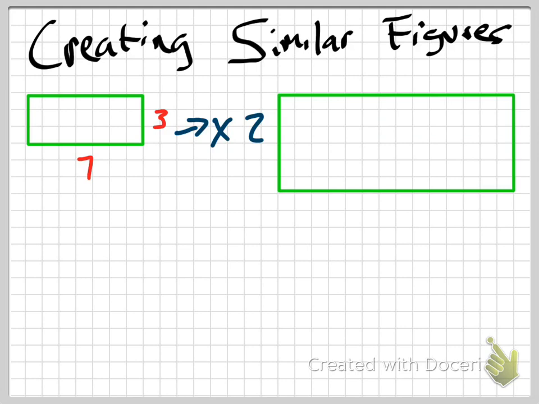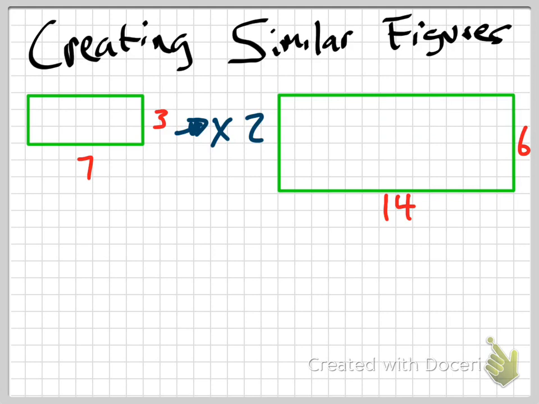So here I've done that. I've multiplied by 2, and that means that I need to multiply all of my sides by 2. So I can take a look there. My side that was 3 should now be 6, and my side that was 7 should now be 14. And that means that those figures are similar. All sides have been multiplied by the same thing.